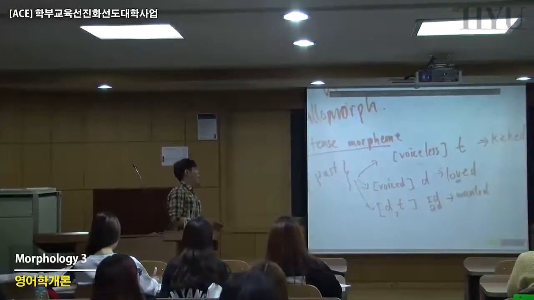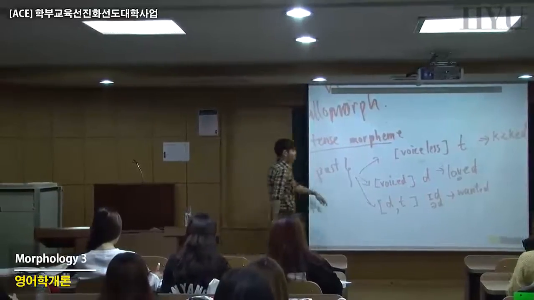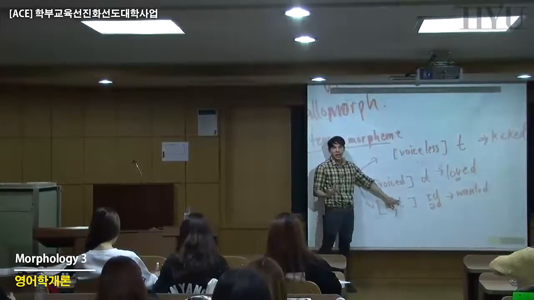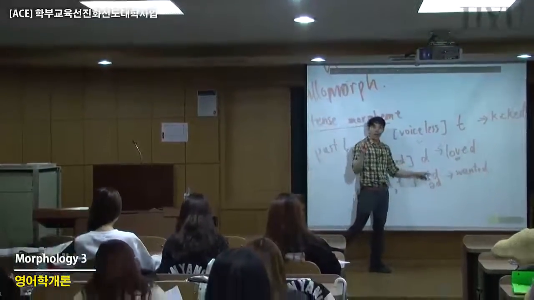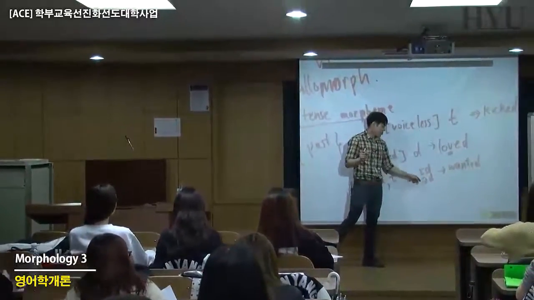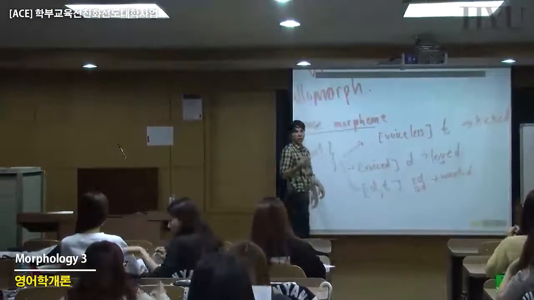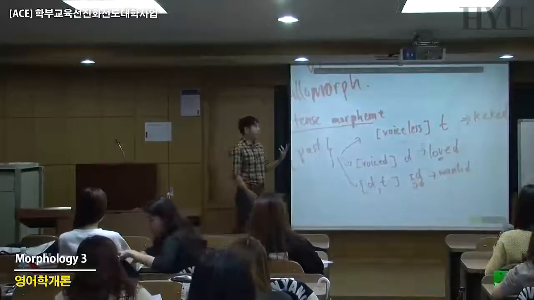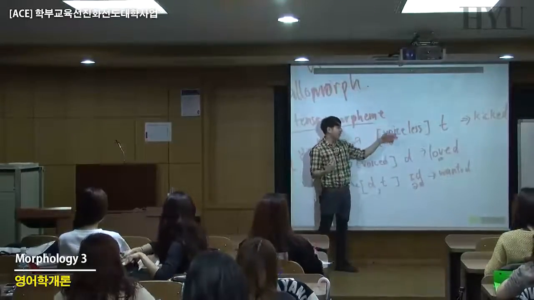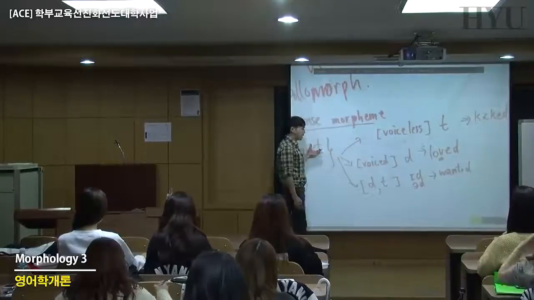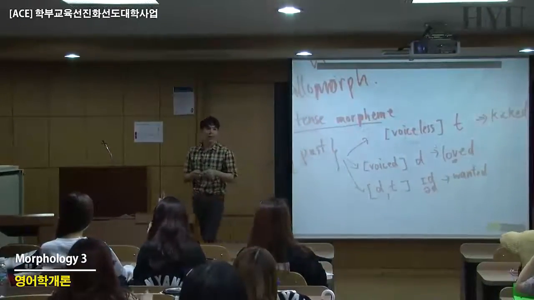Because it's hard to pronounce wanted like that, so you add in a light vowel, as in the I or the schwa, so you have ud or id. So you have at least three allomorphs of the same past tense morpheme in English, okay?